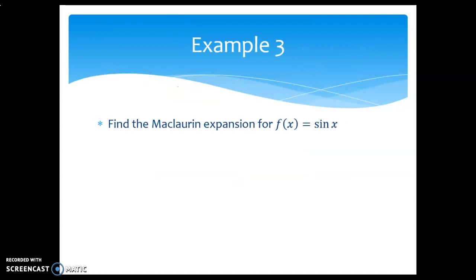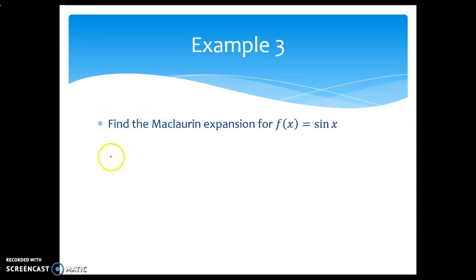Okay, so here we want to find the expansion of this type of function. To find the expansion for sine of x, we use the Maclaurin series, so no need for repeating ourselves.